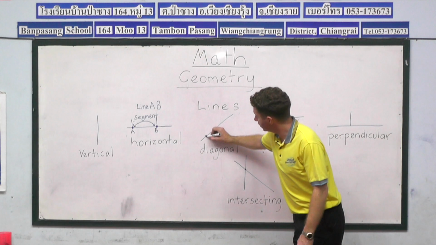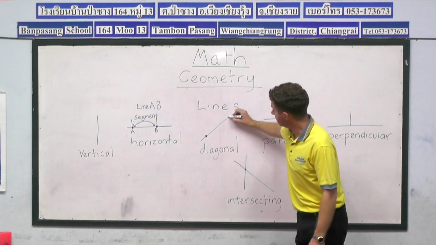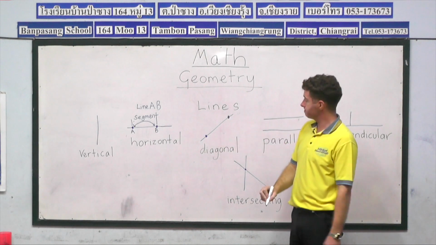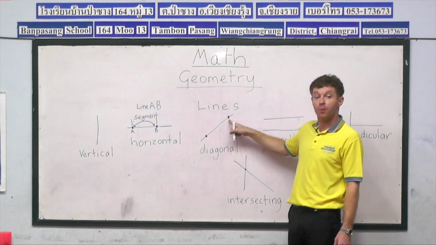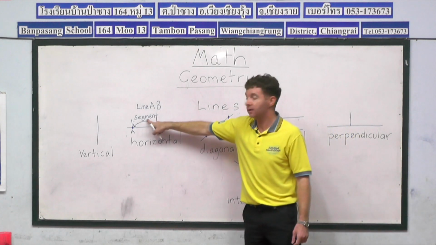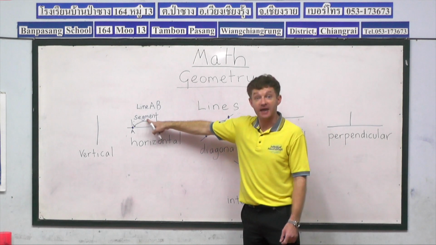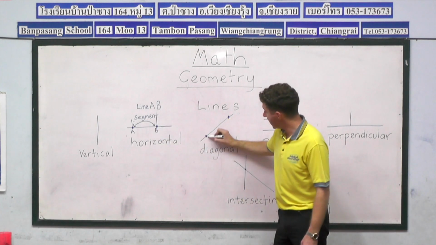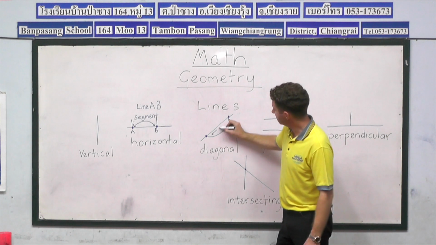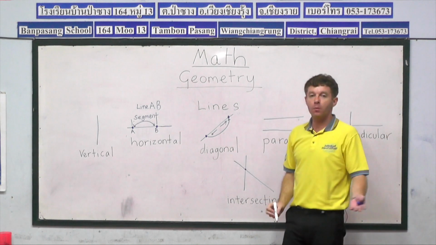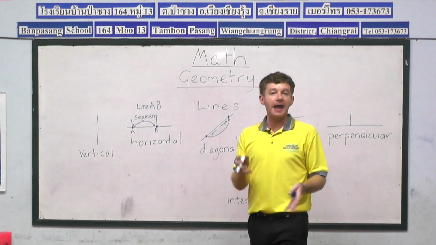I will give it 1 point here. I will give it another point here. So the part of the line in between the 2 points becomes the segment. Okay, our line segment is now here. This distance here.